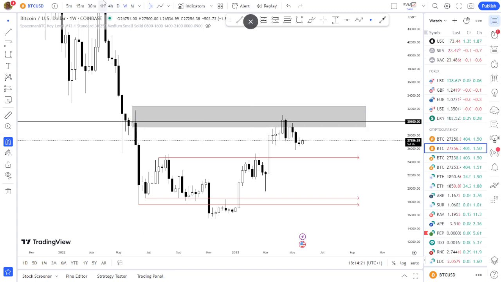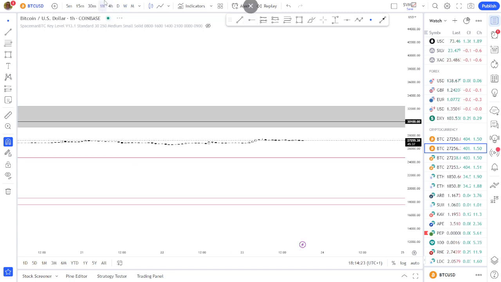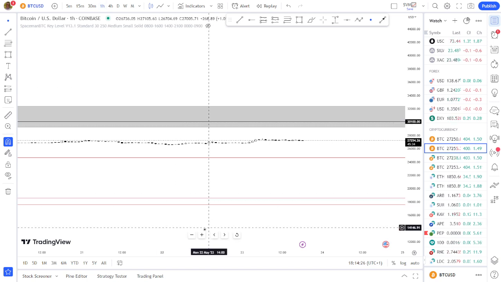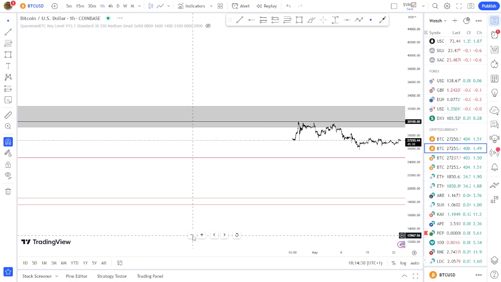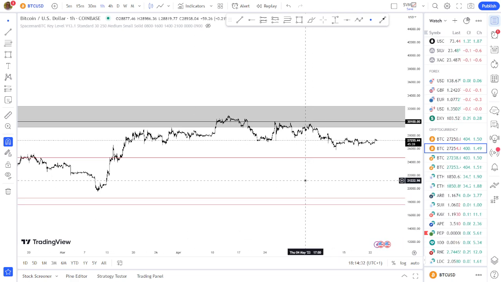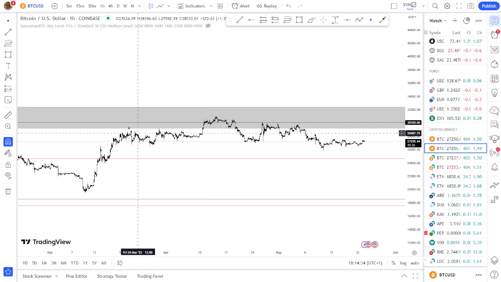So if you observe, price has been basic for a couple of days. Price was quite choppy. This is the H1 time frame. Throughout last week, price was choppy, right?